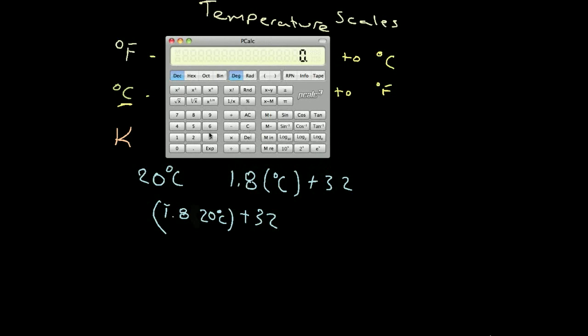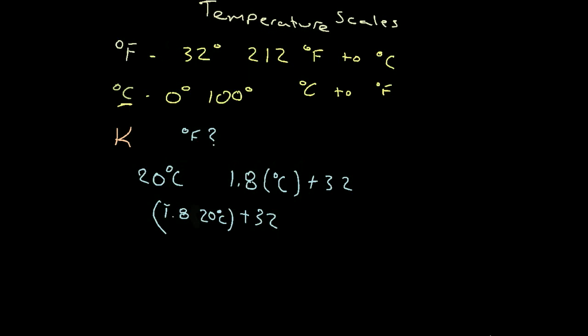I'm just going to take 1.8 times 20 plus 32, and that equals 68. So my guess was pretty accurate there: 68 degrees Fahrenheit. That's basically how you go from degrees Celsius to degrees Fahrenheit.